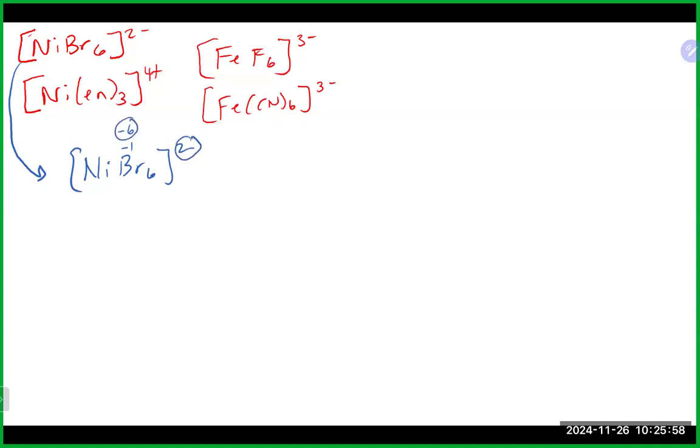Overall, we have a -2, which means the nickel here is a +4. And if we look at nickel on the periodic table, nickel with no charge, there it is, 28. So nickel is argon 4s2 and 3d8, I believe.